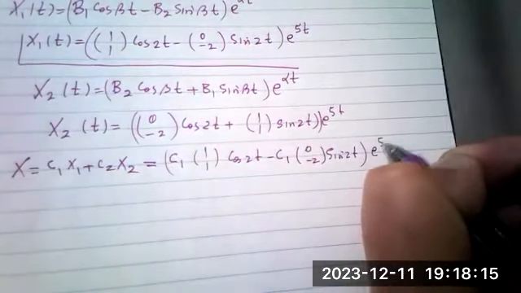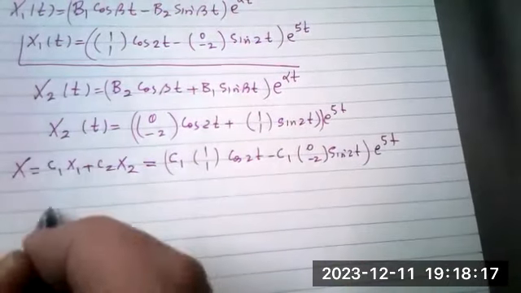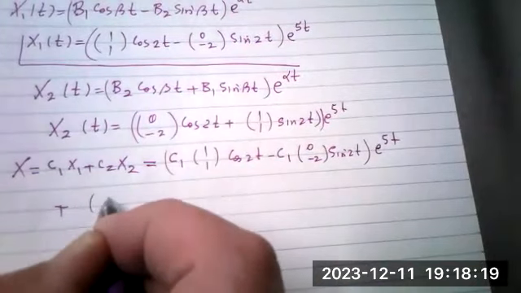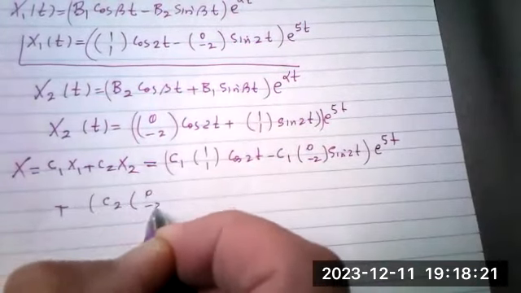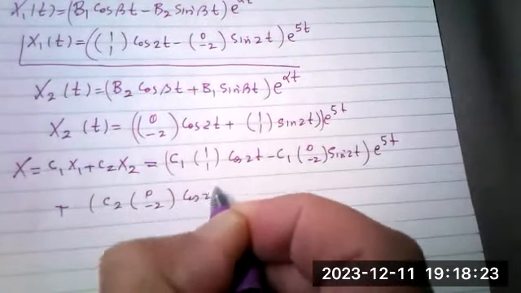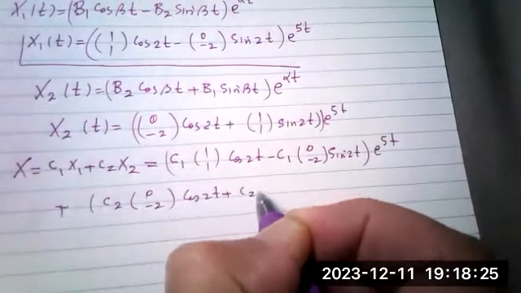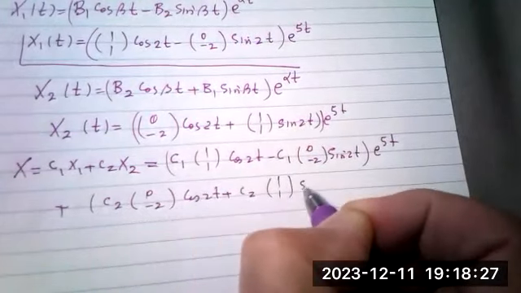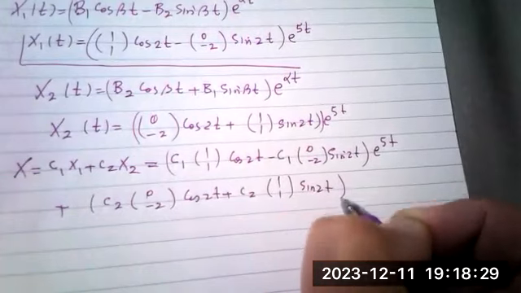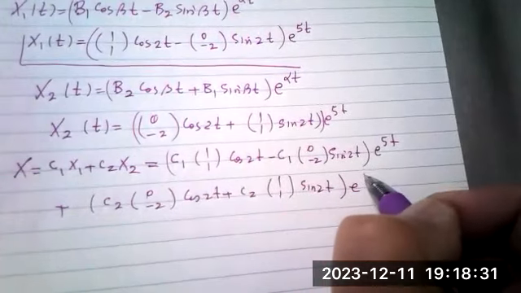You can pull out the e to the 5t if you like. Same thing for the last: C2 (0, -2) cosine of 2t plus C2 (1, 1) sine of 2t, and e to the 5t.